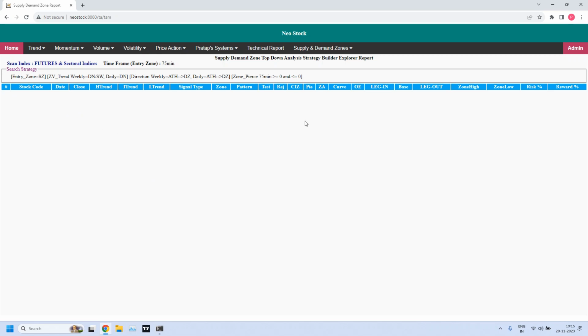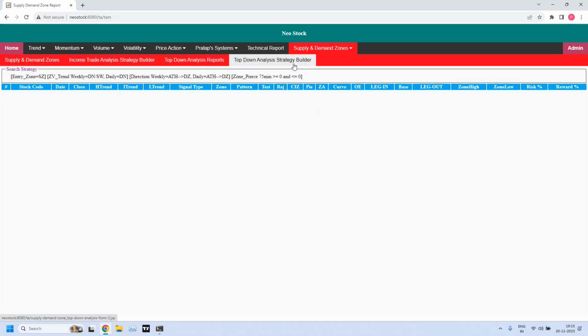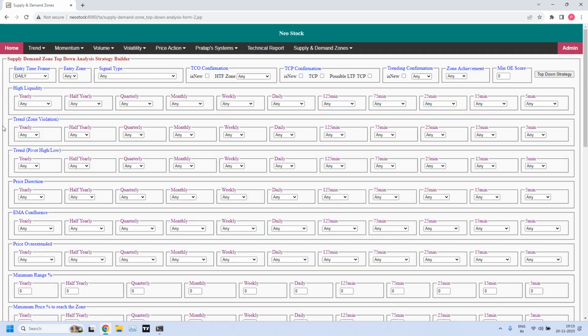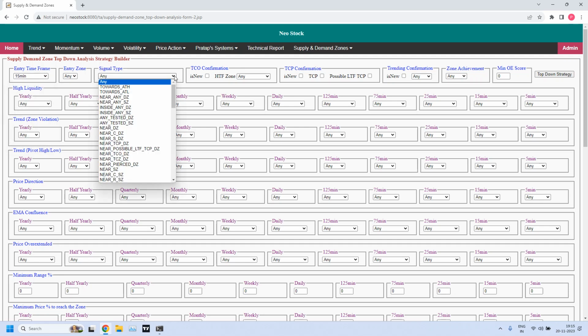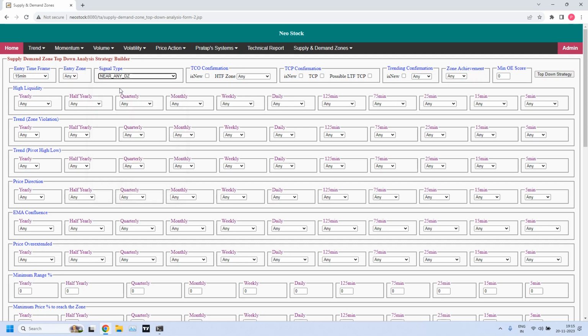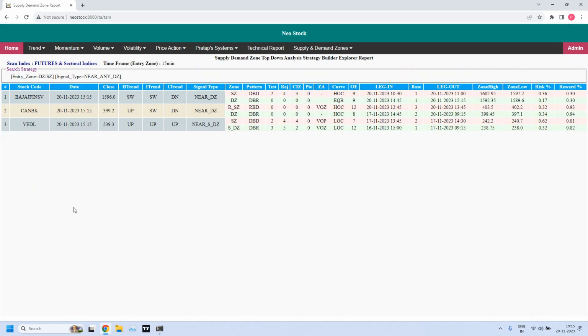Now let us move on to the 15 minutes time frame. So let us generate reports for the 15 minutes time frame. Entry time frame is 15 minutes. Let us find the stocks which are near to the demand zone. Near any demand zone.